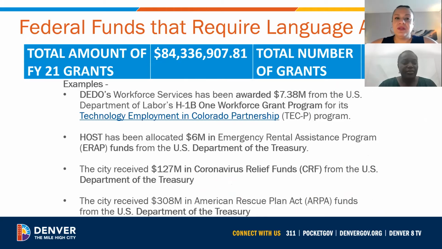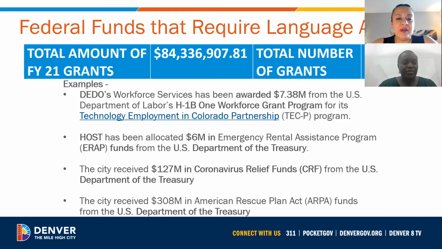So before I move on to the fourth factor, which is allocating resources and determining what your cost is going to be for your language access services for your program or activity, etc., I wanted to talk a little bit about the federal funds that the city receives, and just kind of talk about how this could be a potential resource for all of you who actually receive federal funds.